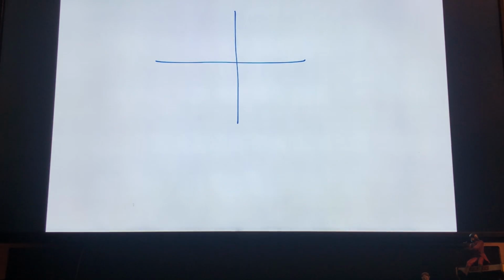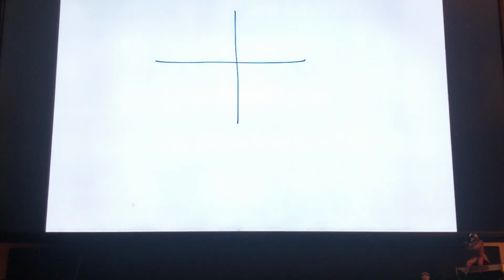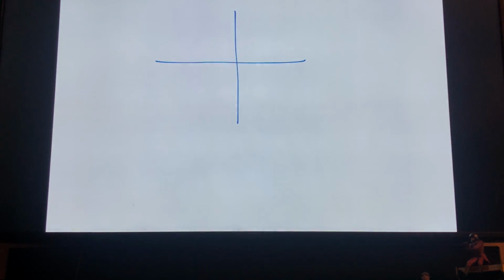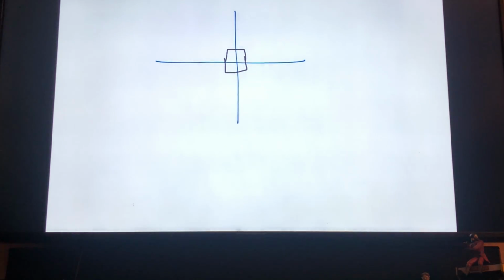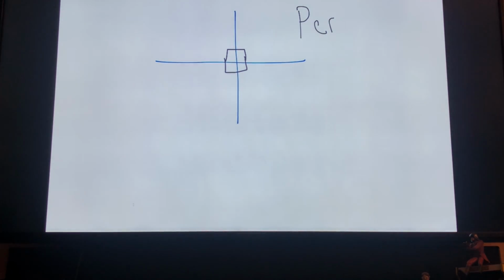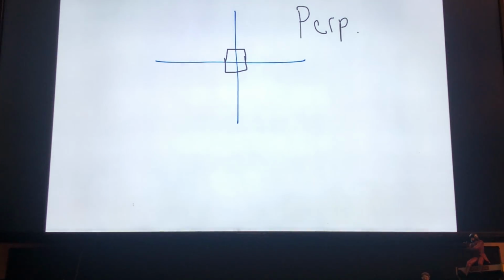What's the easiest way to say if it's perpendicular? One thing I always look for is if you can make right angles. If you can make squares, even if it's a half square. And obviously I can't even make a square. But yes, that means this one is perpendicular.